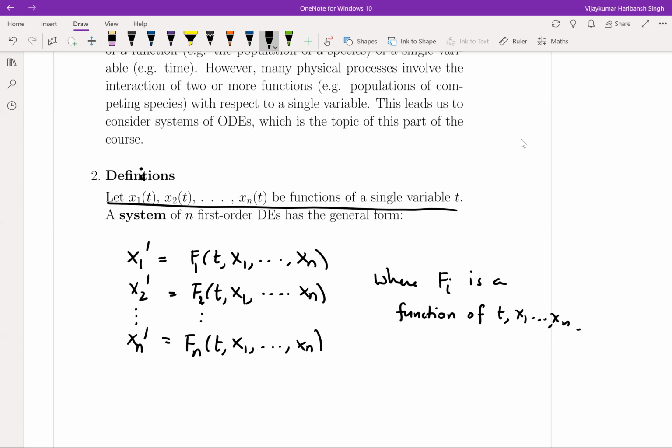So this is what a system of n first-order differential equations looks like, right? Of course, it's not linear because we don't know what f1, f2, f3, fn are.